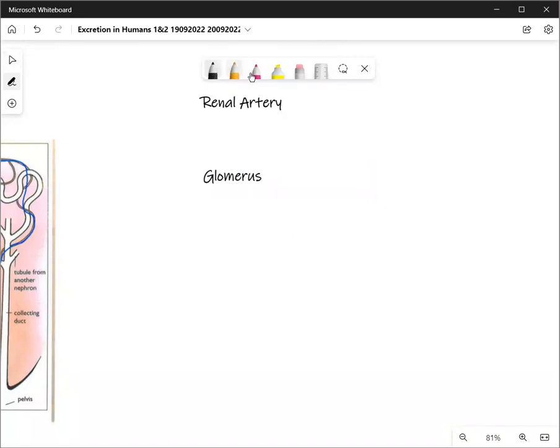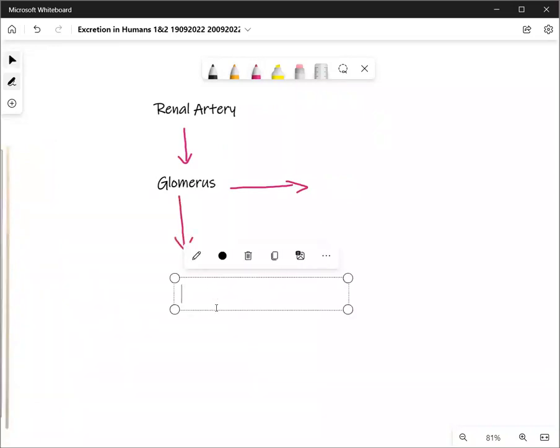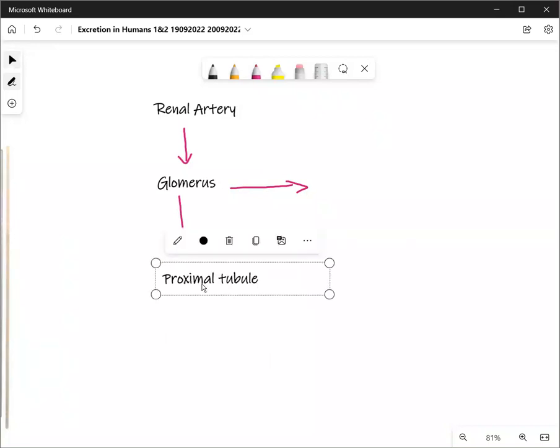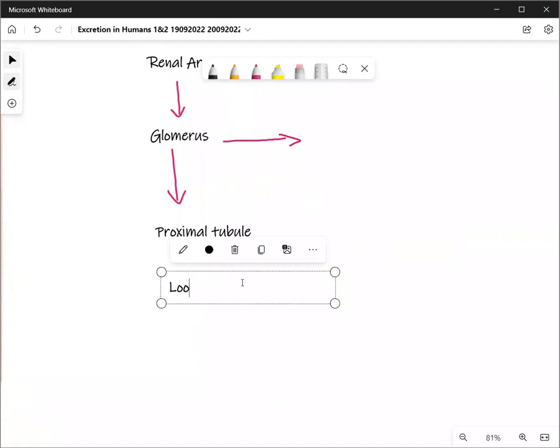From the glomerulus, two things happen. Some of them stay in the glomerulus. The others go into something called the proximal tubule. From the proximal tubule, they go into loops of Henle.